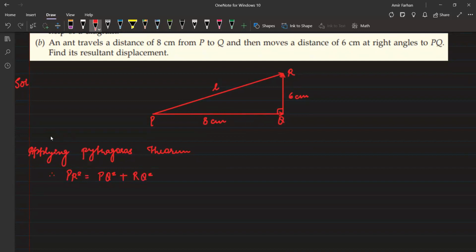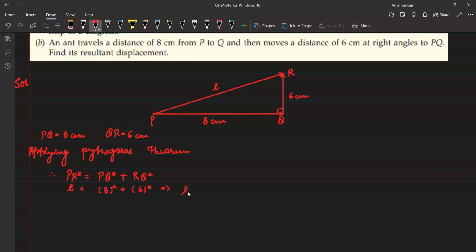So we already know the value of PQ, that is 8 centimeter, and QR is equal to 6 centimeter. I need PQ, so I'm assuming this is L. PQ square is 8 square plus RQ square is 6 square.